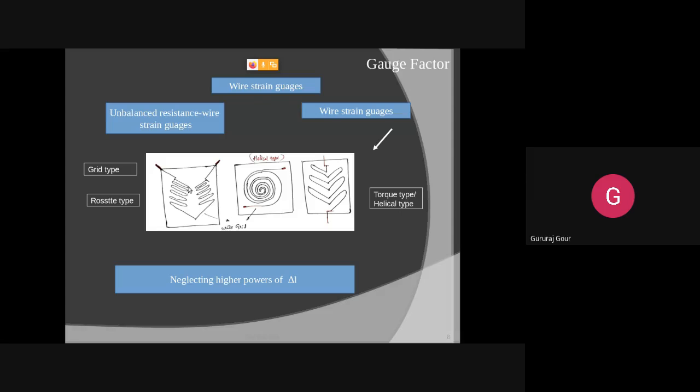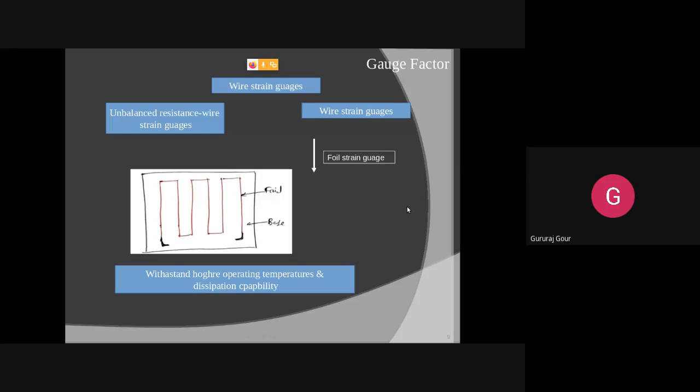By the shape in which the thin wires are arranged, they got their names: grid type, rosette type, and helical type. The idea in a folding type is to increase the surface area, so as to enhance the sensing sensitivity towards the strain. The accuracy of strain measurement is very much enhanced by increasing the surface area using such circular structures. So again, we will neglect higher powers of delta L.